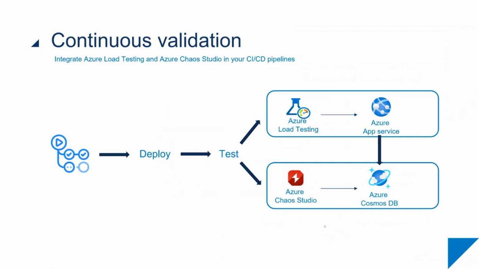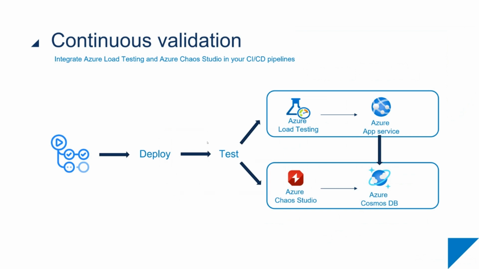Does my region failover, or does my scaling mechanism, or whatever you put in place to prevent chaos, actually work correctly, and does the system react like it should? That's what continuous validation is.